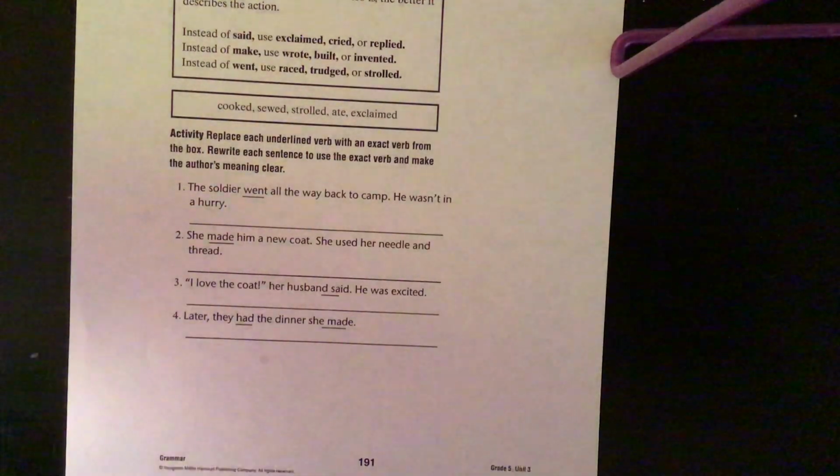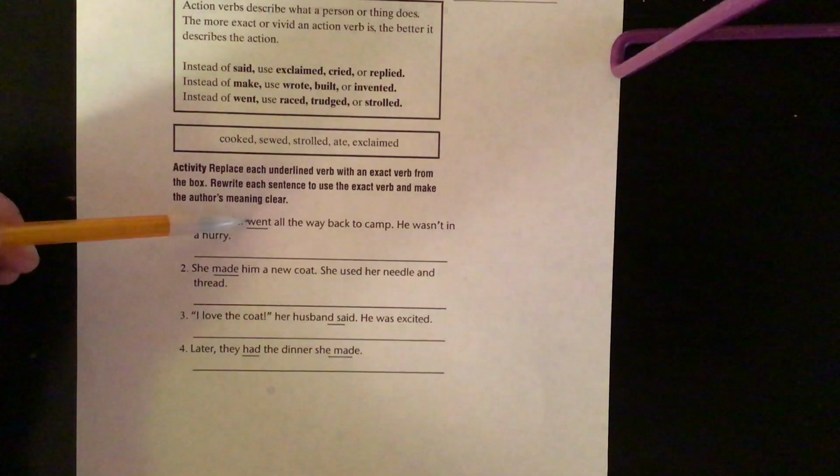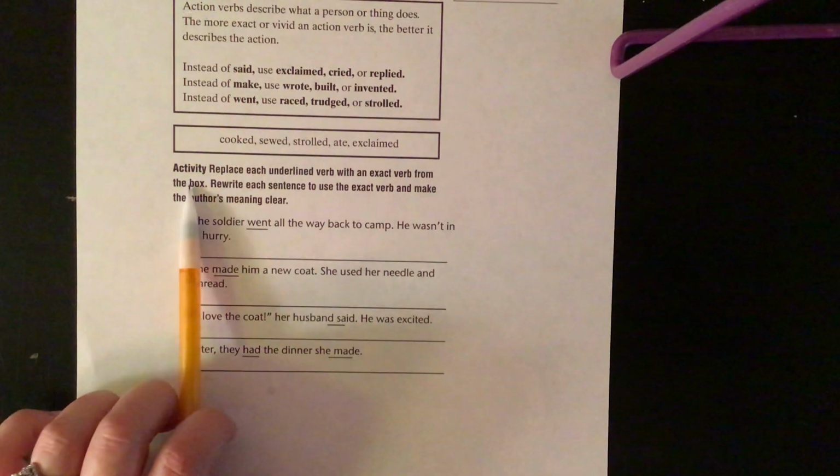Now for Friday, it is a Connect to Writing page. It's page 191. And what you're going to be doing is basically changing this word to something different. It says replace the underlined verb with an exact verb from the box.